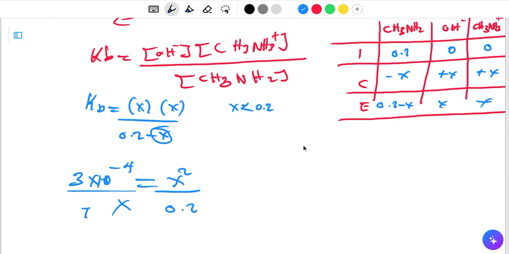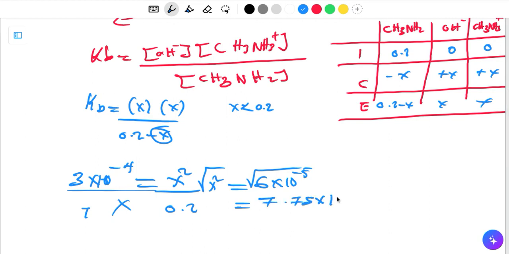I'm getting x squared equal to 6 multiplied by 10 to the power negative 5. This is what I'm getting. Finding the square root of this is going to be the answer. So I'm getting 7.75 multiplied by 10 to the power negative 3 as the value.